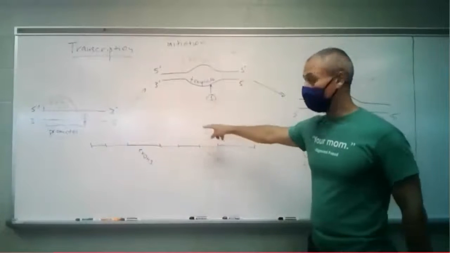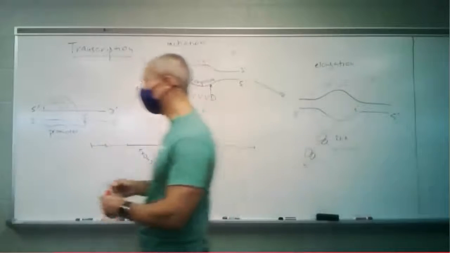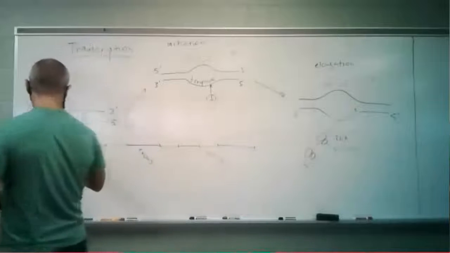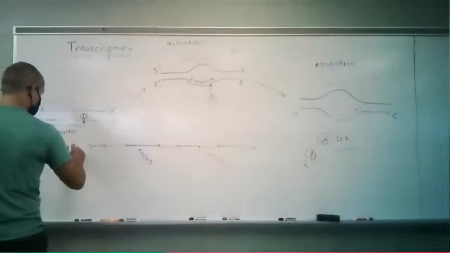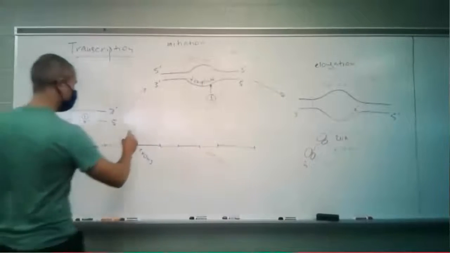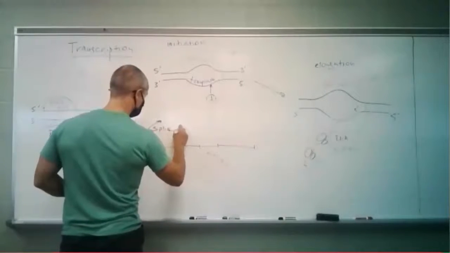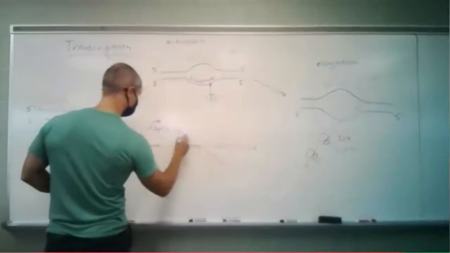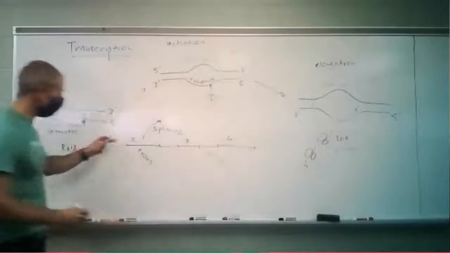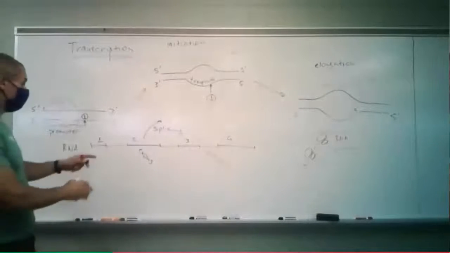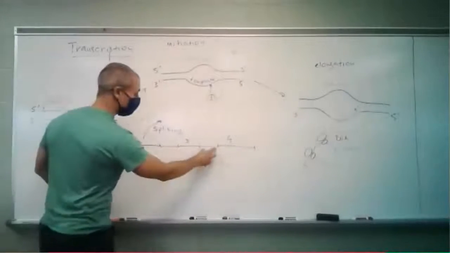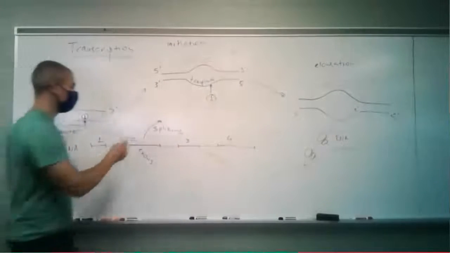So what happens is this RNA, and I deliberately don't call it mRNA, this transcript, is going through splicing. Okay, 1, 2, 3, and 4. So those introns are removed.